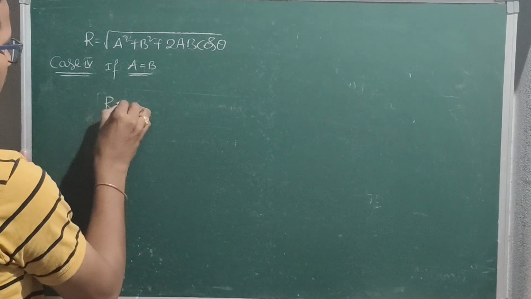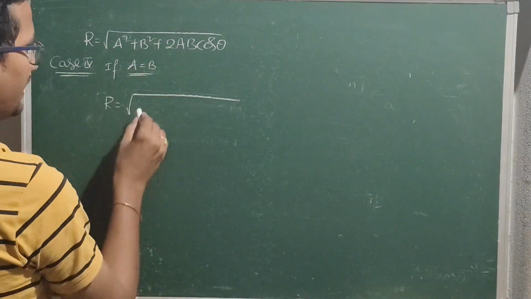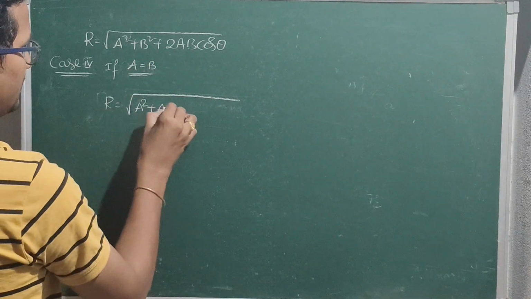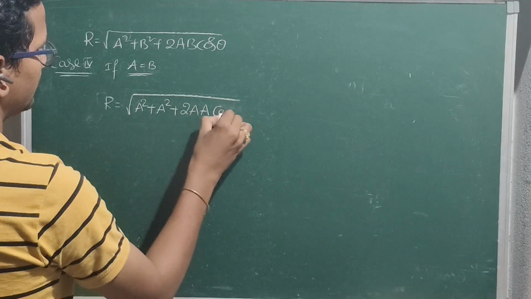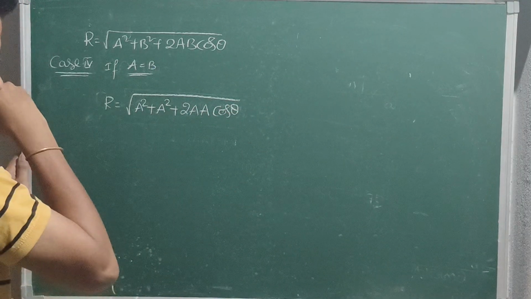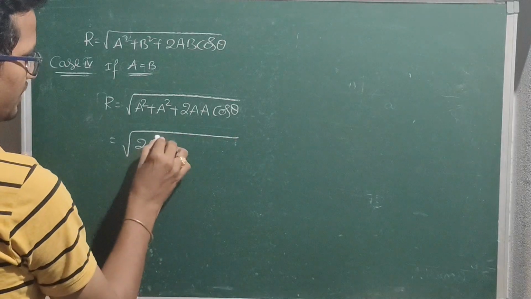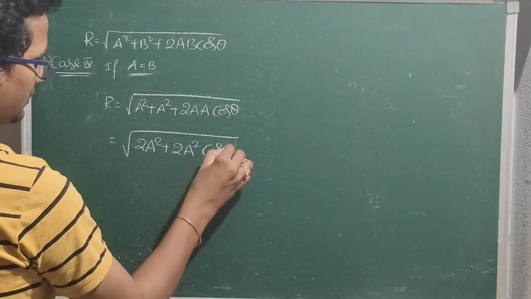R is equal to square root of, in place of B we can write A. In place of B square, we write A square plus 2 into A into A cos theta, that is A square plus A square, 2A square, plus 2A square cos theta.